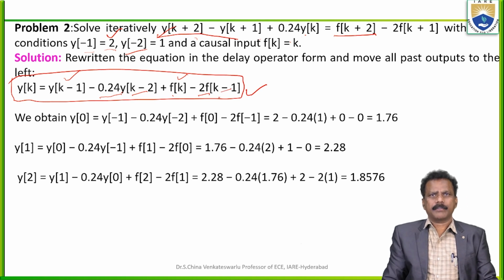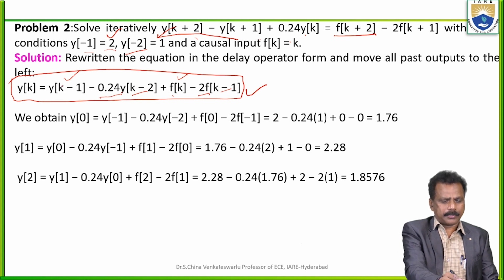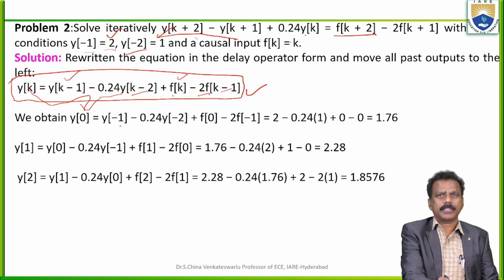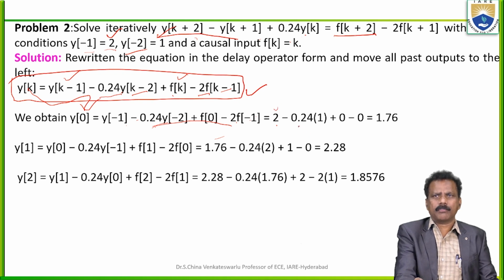So we obtain y of 0, y of 1, y of 2, and so on. For y of 0, k equal to 0: y of 0 is equal to y of minus 1 minus 0.24 y of minus 2 plus f of 0 minus 2 f of minus 1, which is 2 minus 0.24 into 1 plus 0 minus 0, that means 1.76.